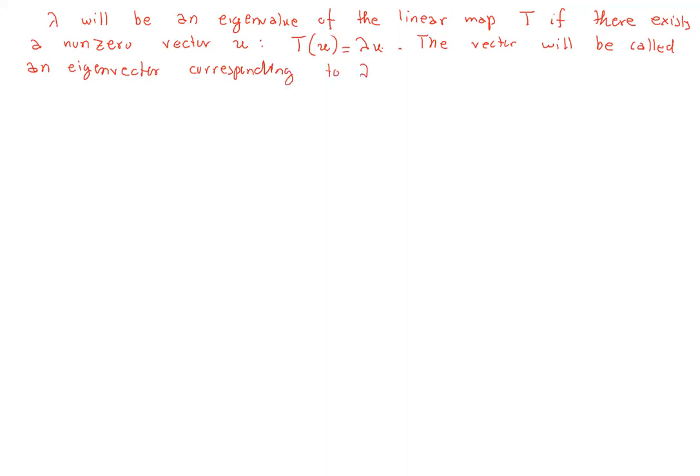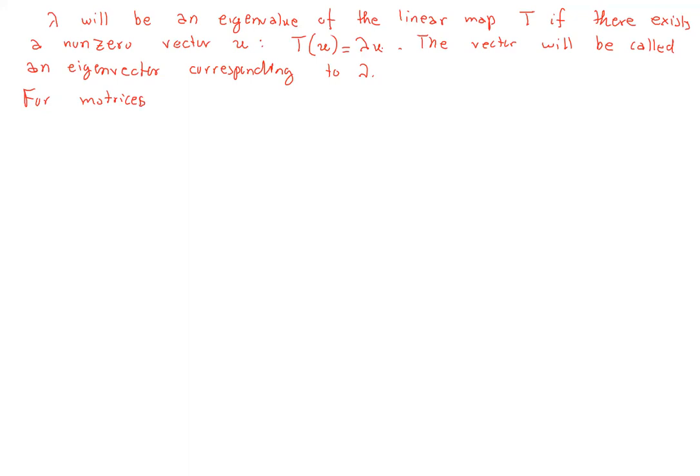We could give the same definitions at the level of matrices. So for matrices, after all, remember, there is a dictionary that allows us to identify matrices with linear maps, right?